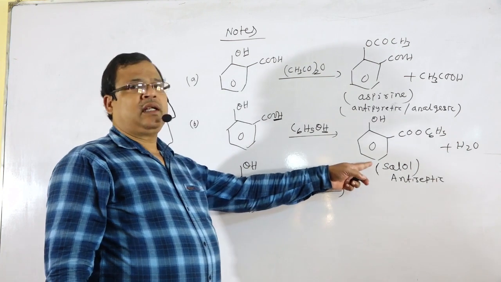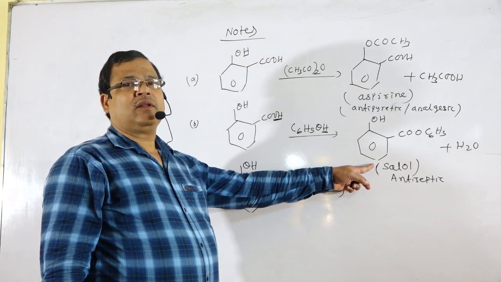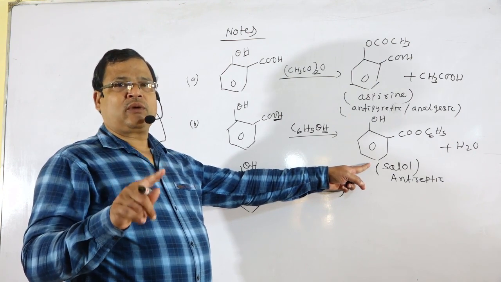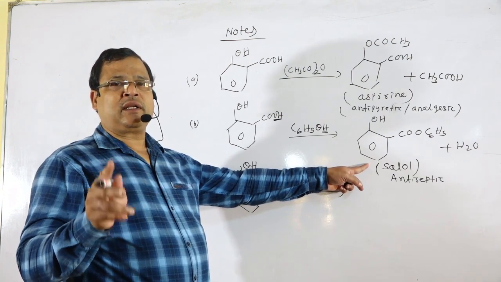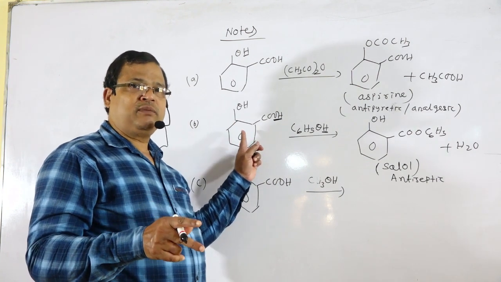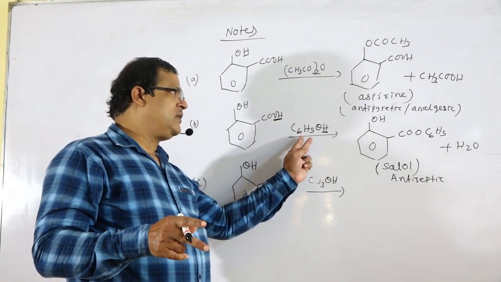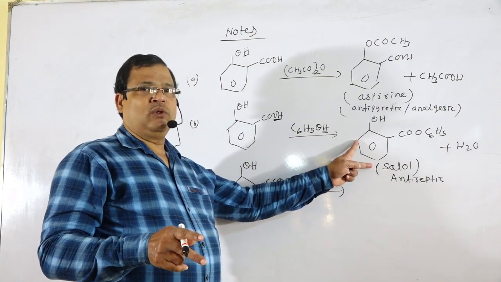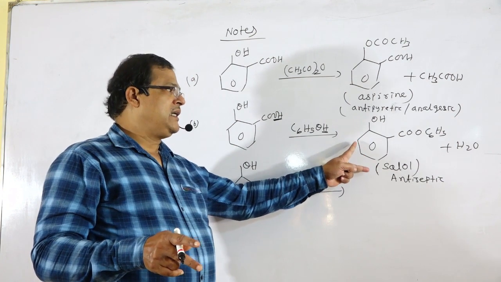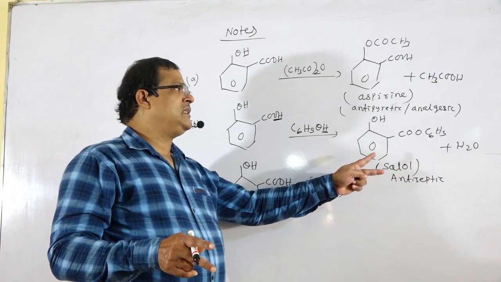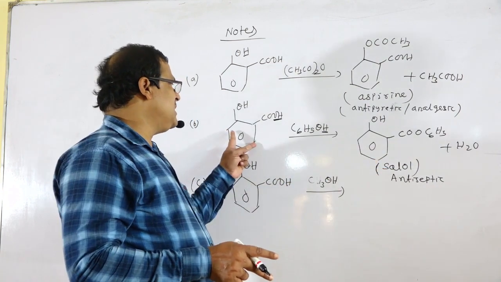So how is salol prepared from phenol? Phenol is treated with carbon tetrachloride and NaOH at 343 Kelvin to form ortho-hydroxybenzoic acid. And ortho-hydroxybenzoic acid is treated with phenol, and there is the formation of salol, the antiseptic material. This is phenyl salicylate. This is salicylic acid.